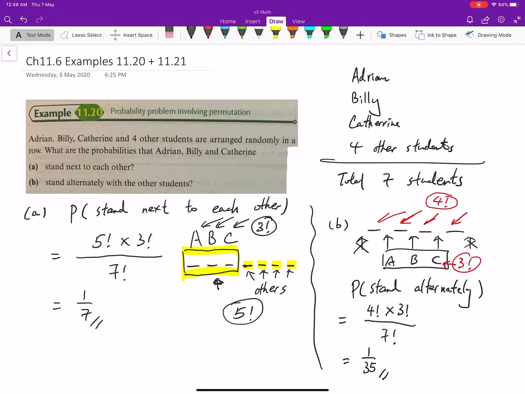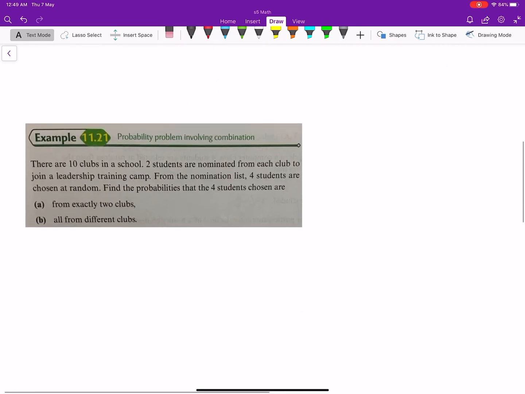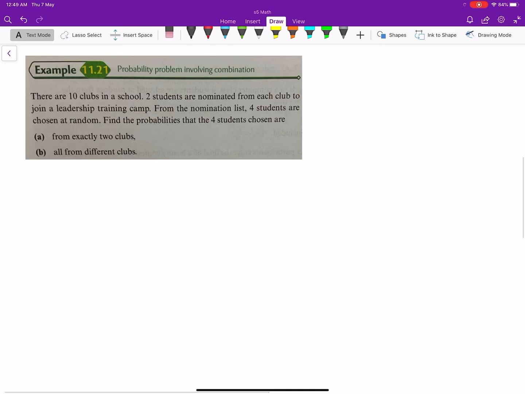Okay, let's go to the next example. This is actually a little bit more complicated, so let's be more focused on these questions. There are 10 clubs in a school, and 2 students are nominated from each club to join a leadership training camp. So in total, how many students are nominated?